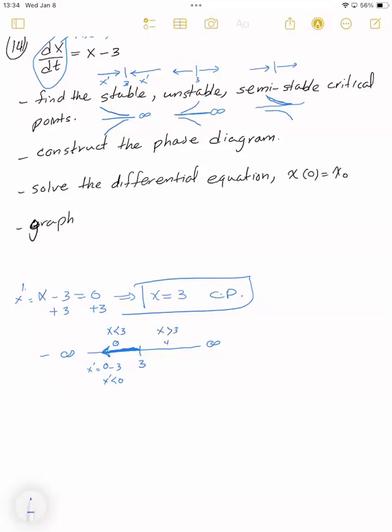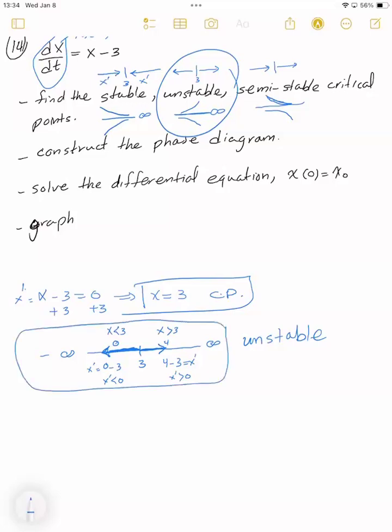I substitute 4 into the differential equation formula, and I get 1. 1 is positive, so x prime is greater than 0, so the arrow goes this way. And when the arrows go this way, we call this situation unstable. And this is called the phase diagram. So we have the phase diagram, we have the critical point, and we know that this is unstable.